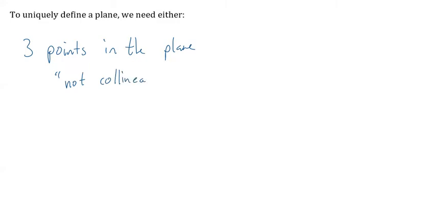This idea becomes very important moving forward, whether things are collinear or not. I mean, think about it. If you had 3 points that were in a line, you could take a plane and kind of swivel it around those 3 points, right? Doesn't that make sense?